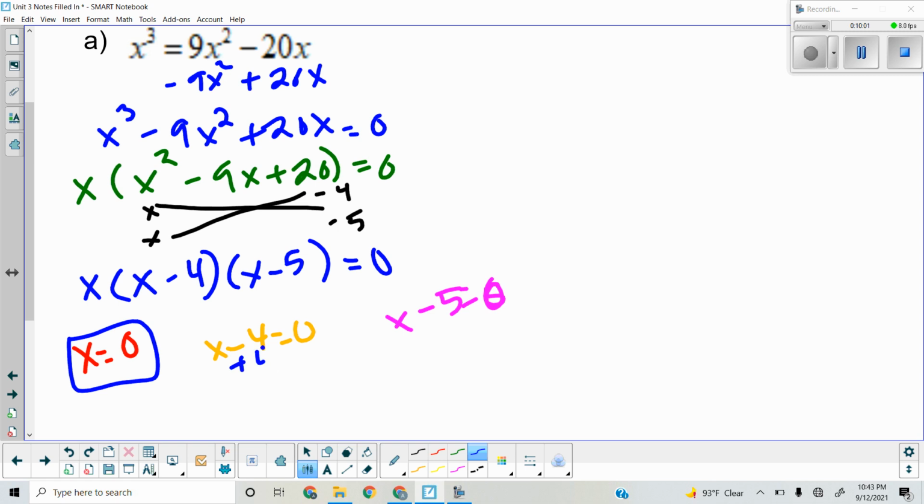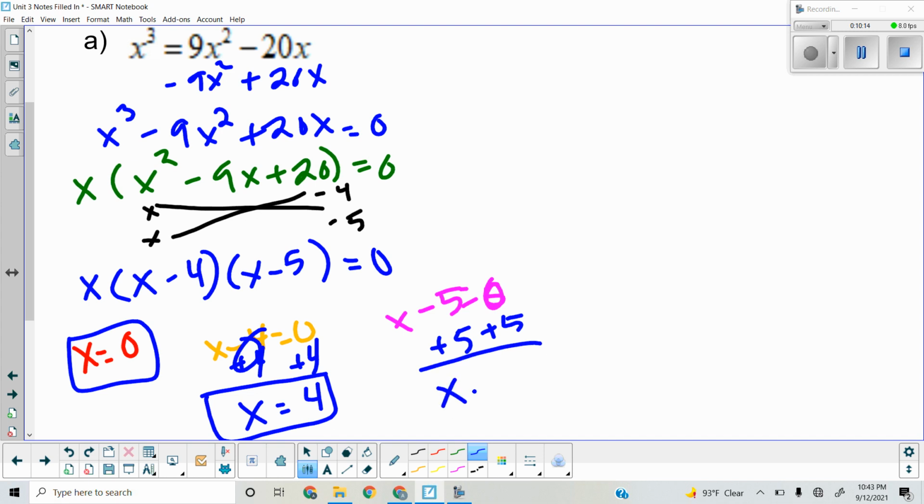We can add 4 to this middle one on both sides. So x equals 4. We can add 5. So x equals 5. If we check, our largest exponent was a 3. We have 1, 2, 3 solutions.